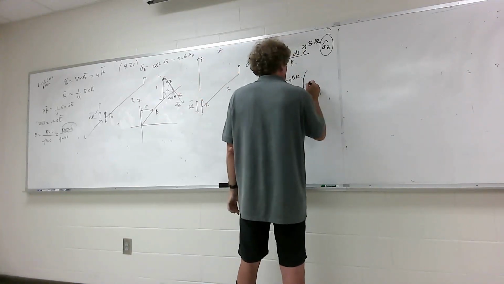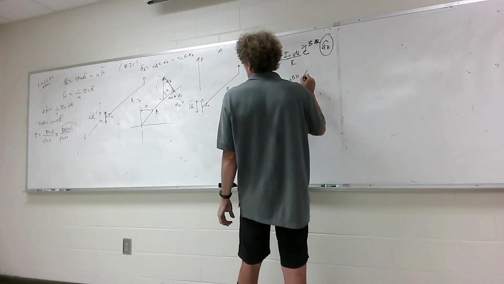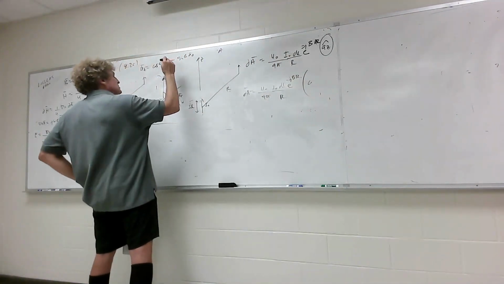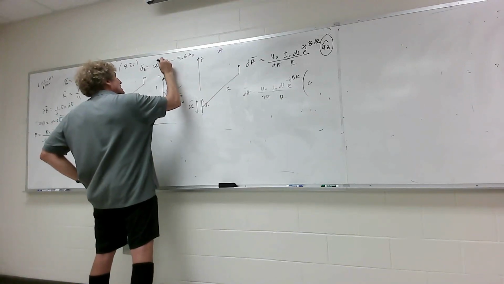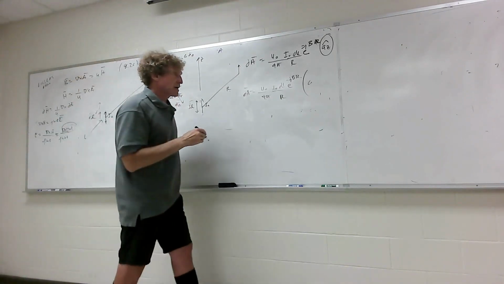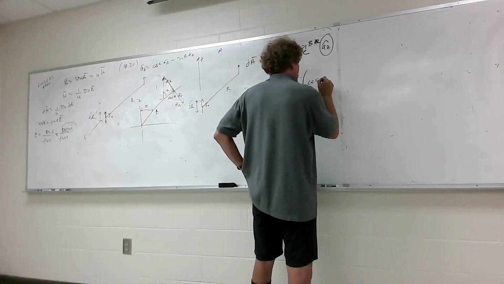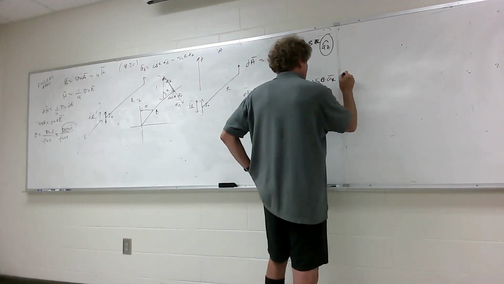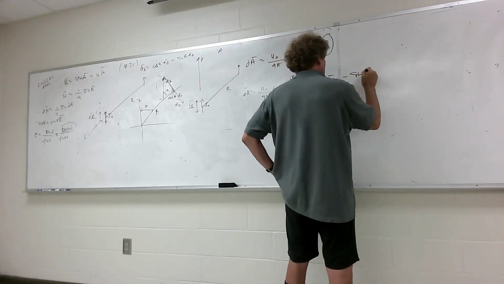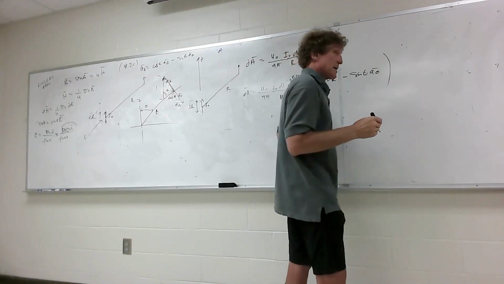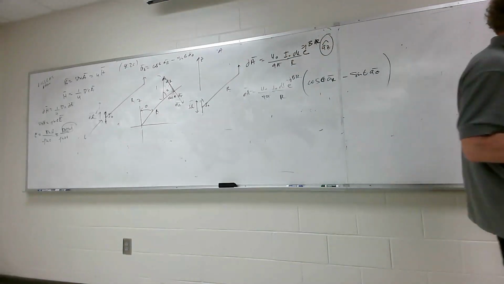So now I have, this should have been AR here, cosine of theta AR minus the sine of theta A theta as dA. Can you all see that? And he has that.